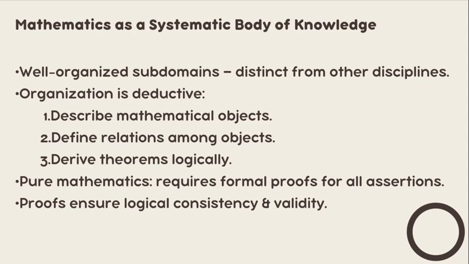The subdomain of mathematics under the category of pure mathematics requires a formal proof for all assertions. The necessity of a formal mathematical proof permeates the entire body of mathematical knowledge.